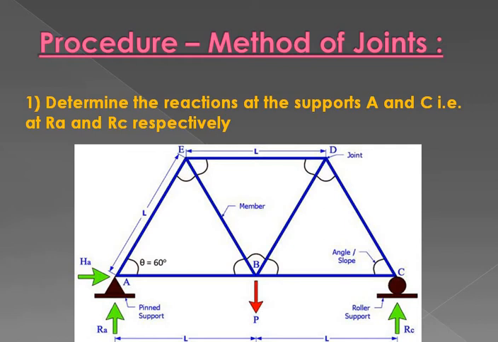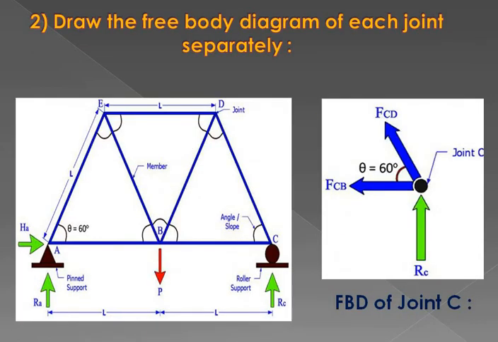Coming to step 2, draw the free body diagram of each joint separately. Here, for the given truss, the free body diagram of joint C can be drawn like this.